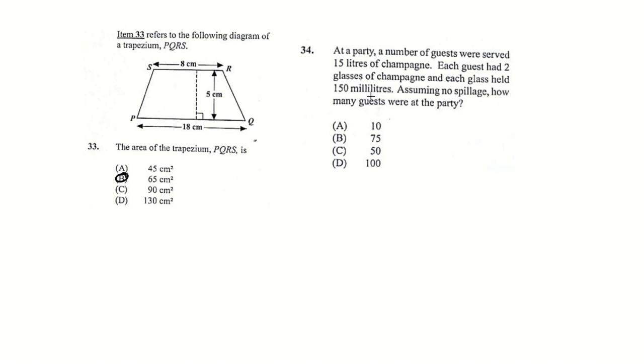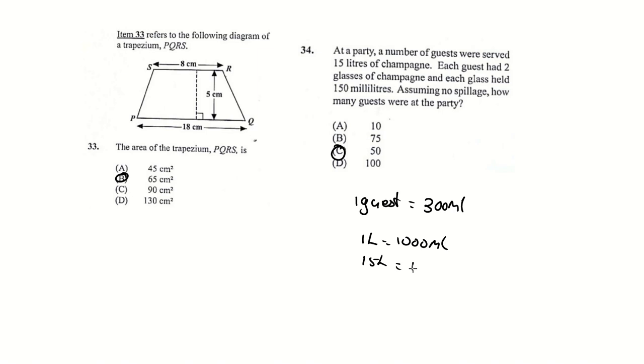This question: how many guests were at the party? This is a repeated question. We know that each guest would have 300 mils, because each person is having 2 glasses of wine. Because it's liters and milliliters, we know 1 liter is equal to 1,000 milliliters.